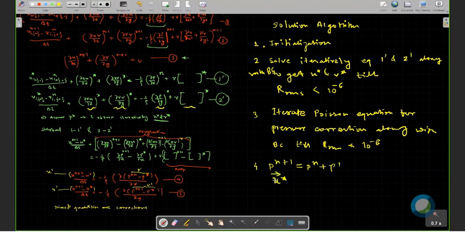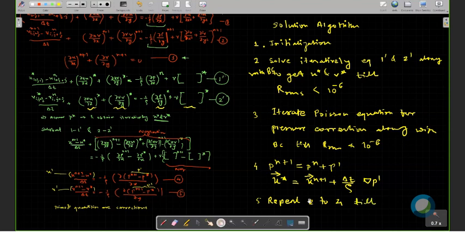It can be u, v, or w. u n plus 1 equals u star plus delta t by rho times the gradient of pressure p prime. You can do this for u velocity, v velocity, and w velocity, and repeat steps 2 to 4, till some criteria is met.